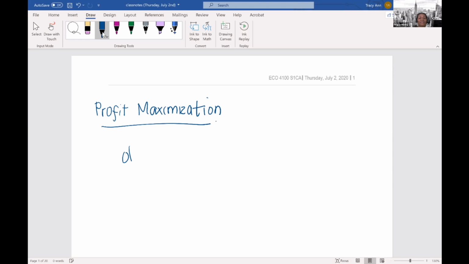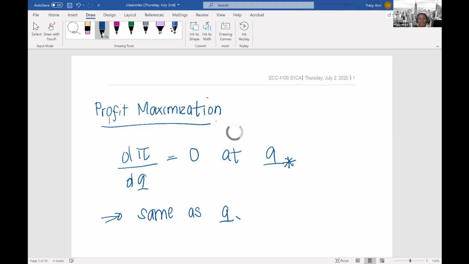If you find the derivative of the profit function at a particular Q star, then this is the quantity that would maximize your profit. This is the same as your Q star where marginal revenue is equal to marginal cost.